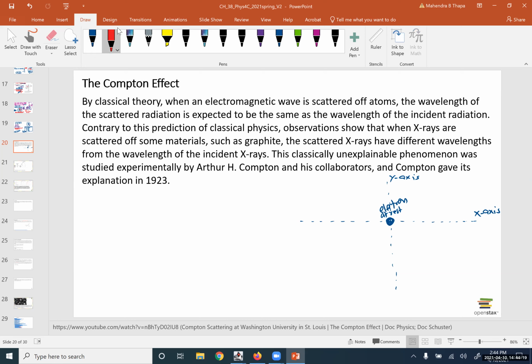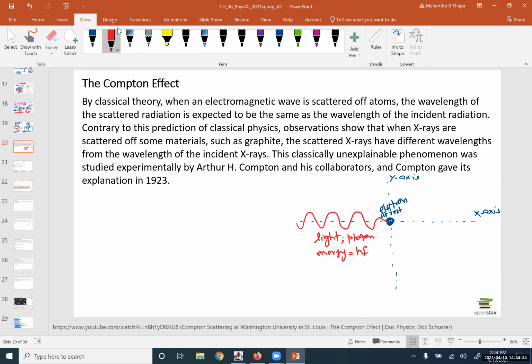It is hit by an electromagnetic wave. So we have an incident electromagnetic wave, or we can say light, with photon energy h times f.